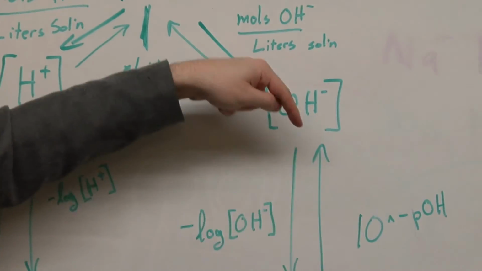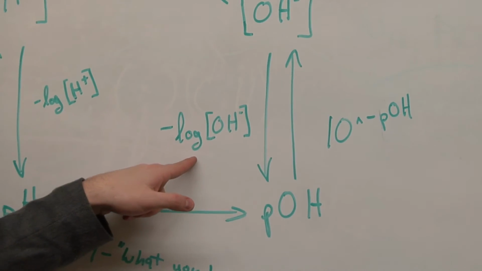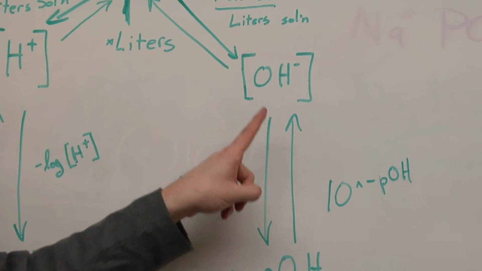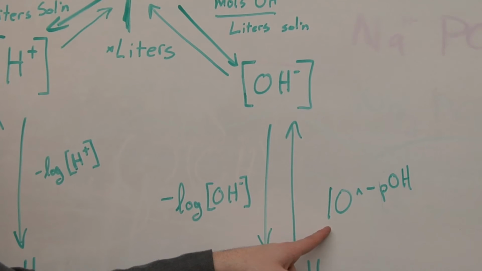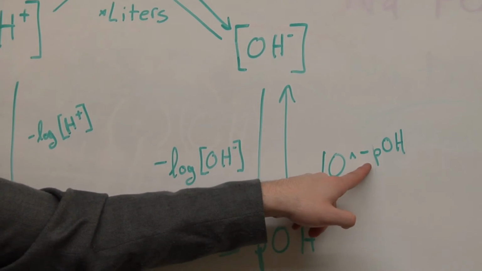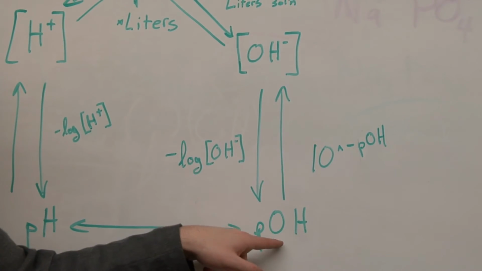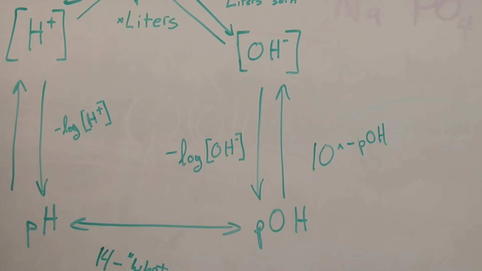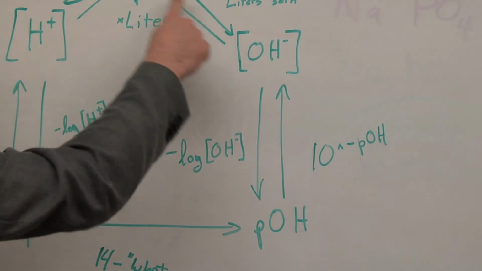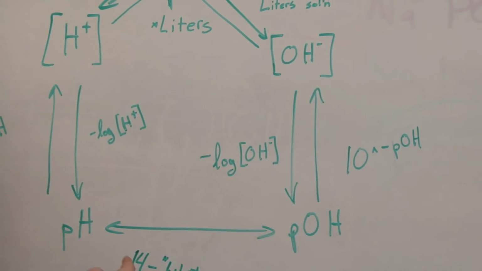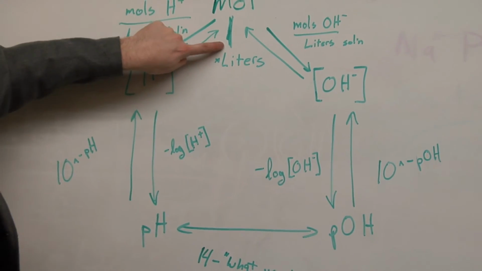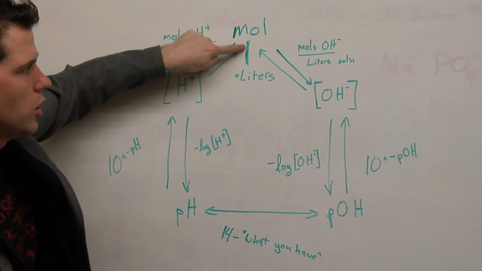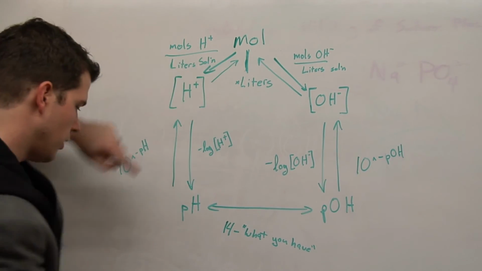On this bridge, if you're going down, you take the negative log. If you're going up, you do the anti-log, which is 10 raised to the negative. And you always take whatever you're starting as the input for that particular mathematical idea. So you should be able to traverse anywhere around this circle, except you cannot bridge across that solid line.